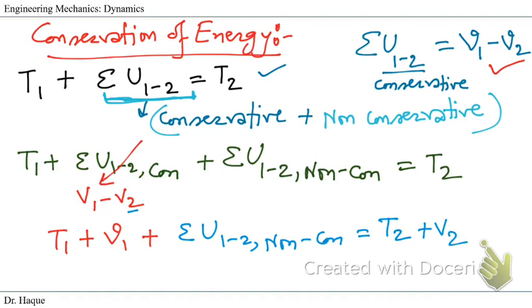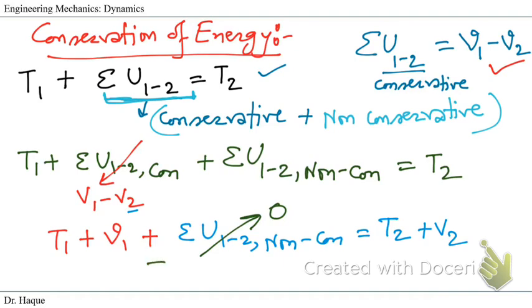Now for a scenario where we don't consider the non-conservative work done, if we neglect this or don't consider it in our system, this becomes 0.